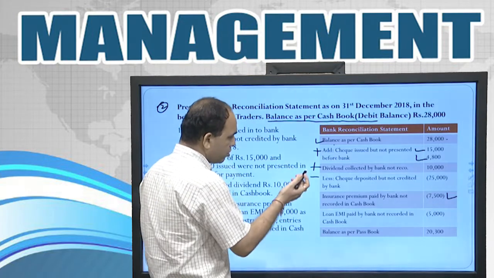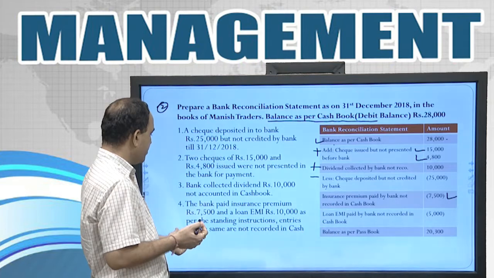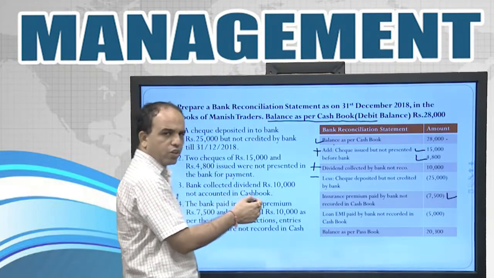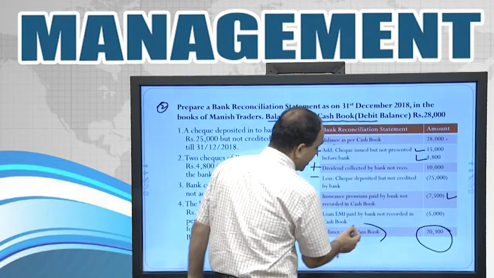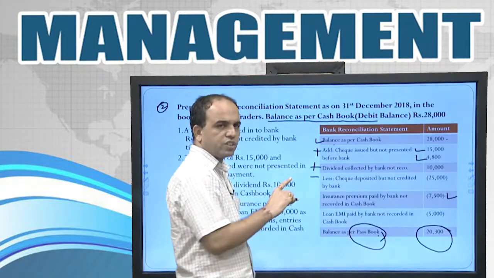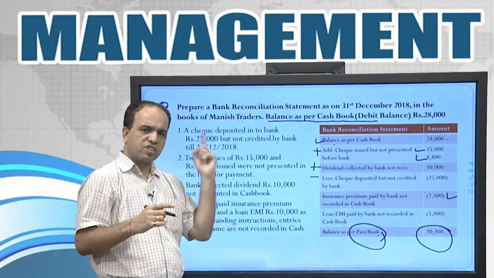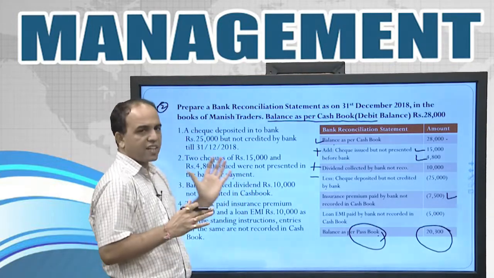So, that 10,000 also will be given effect, whatever might be. So, these are the certain transactions that we have recorded, and at the end, friends, you will get balance as per passbook. In the last question we started with the passbook and ended with the cash book; here we have started with the cash book and end with the passbook. So, these are the transactions.